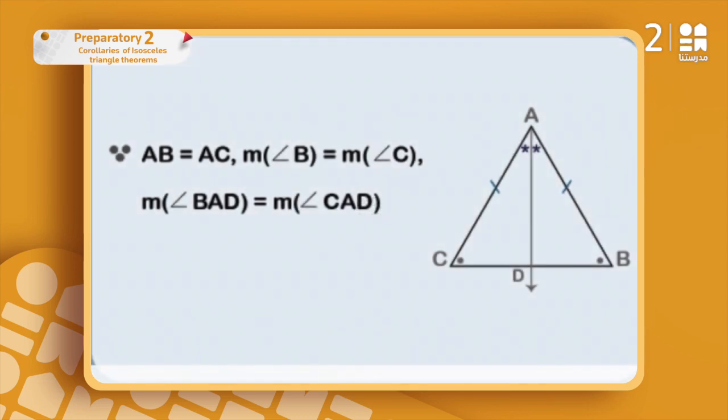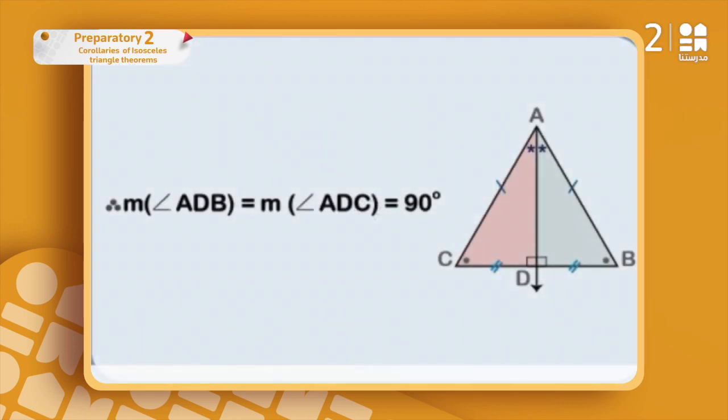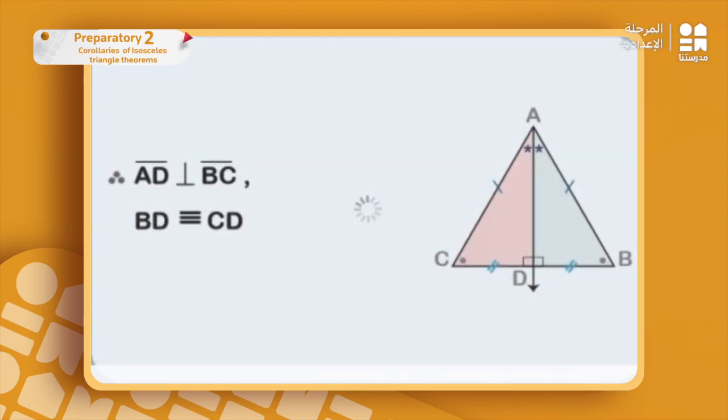Since AB equals AC and the measure of angle B equals the measure of angle C and the measure of angle BAD equals the measure of angle CAD, therefore triangle ABD is congruent to triangle ACD. So the measure of ADB equals the measure of angle ADC, which equals 90 degrees. Then the ray AD is perpendicular to the line segment BC and BD equals CD.